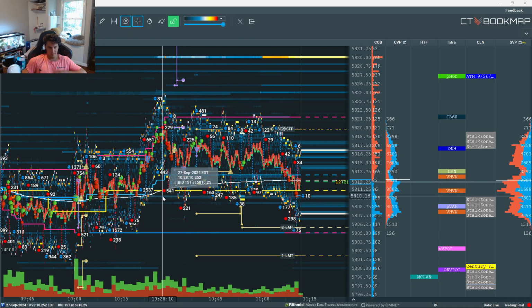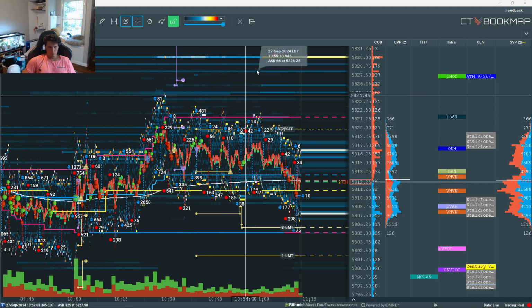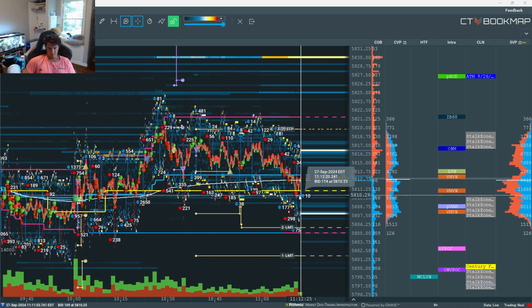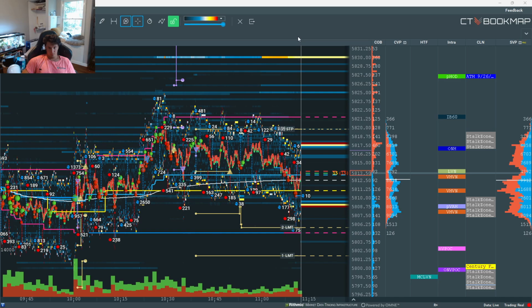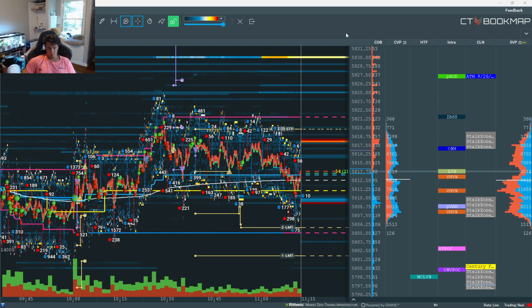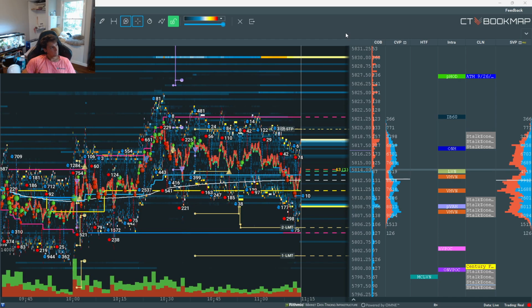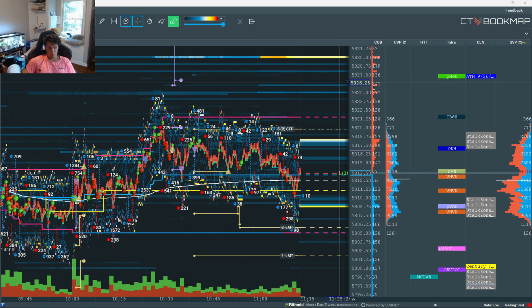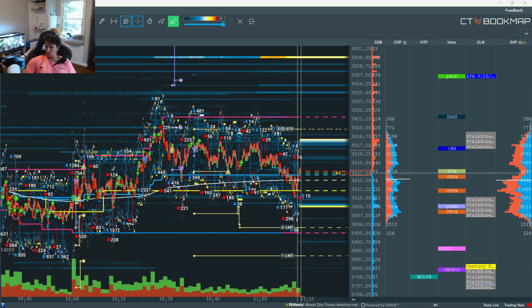Where will buyers step back in? I don't think they want to step in at the mean, according to what I'm seeing. Low volume node.